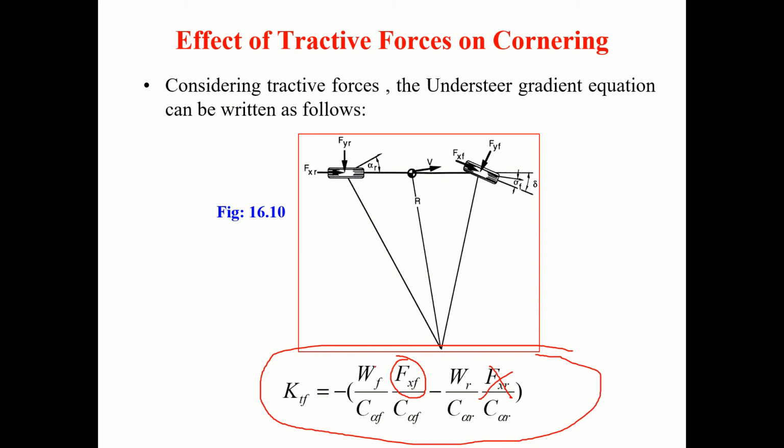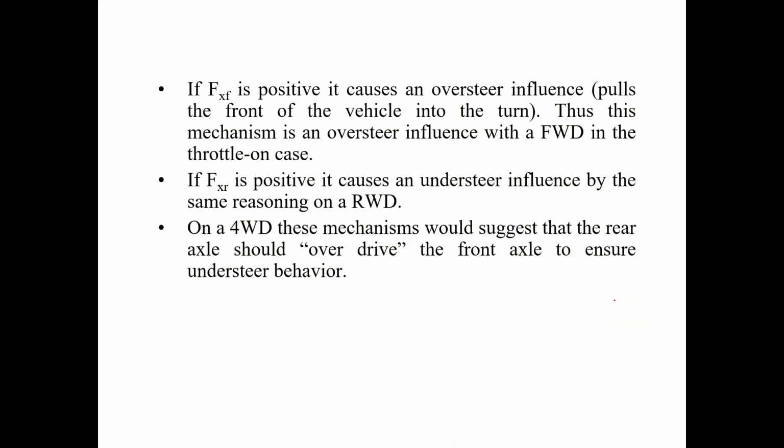So front engine front wheel driven oversteers. If this is not there, suppose this is there, this is minus and this minus, it will become plus, it understeers.